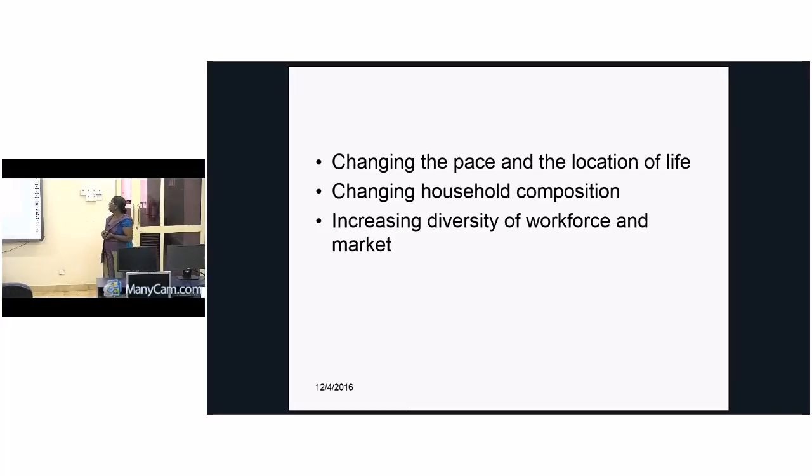Increase in diversity of workforce and the market. Again, the market is also diversified. Different types of customers in the market. For example, due to this diversified market, mass customization comes. Because for a particular same product, say a desktop computer, the requirements are different.